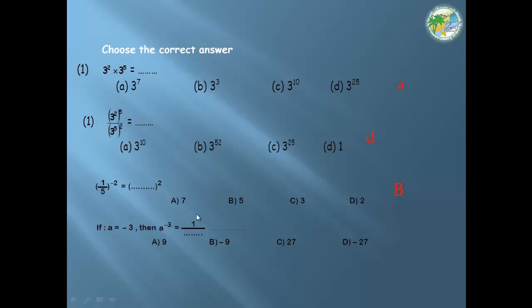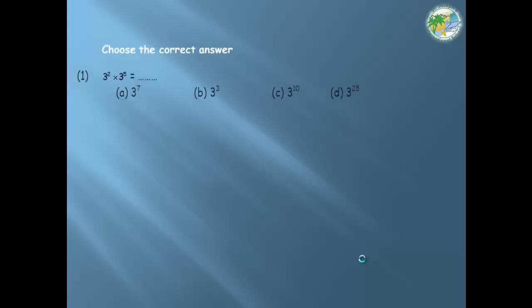We can write 1 over negative 3 power 3. Negative 3 power 3 equals, of course, negative 27. Fine. So 1 over negative 27. Fine.